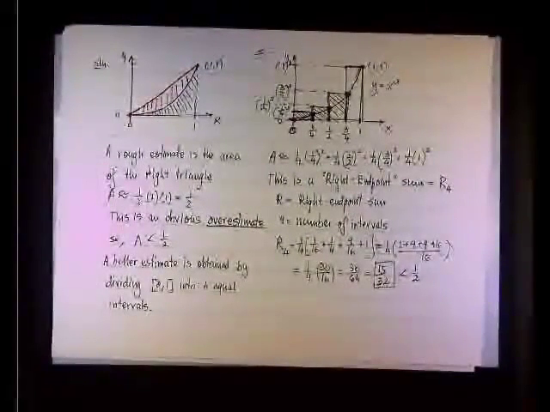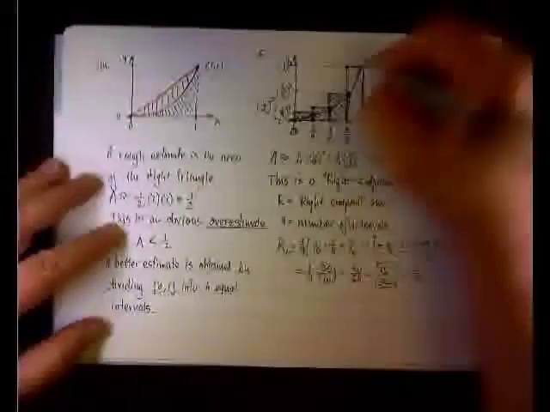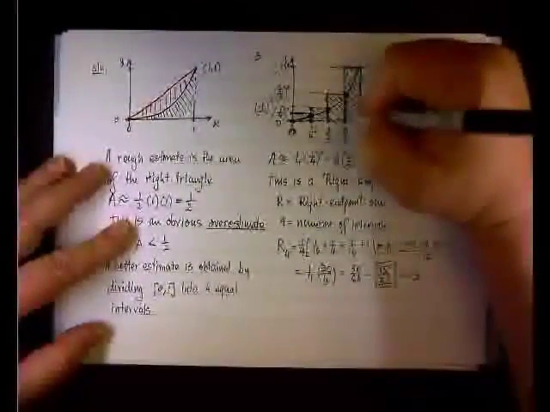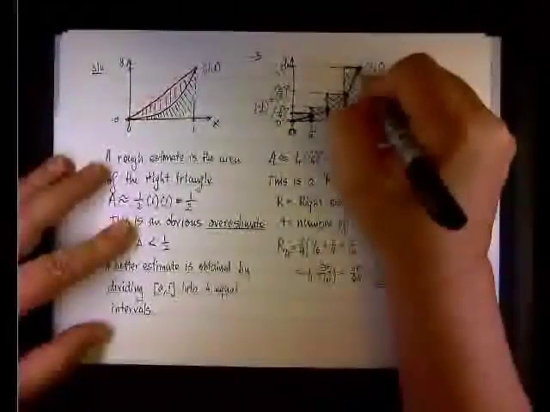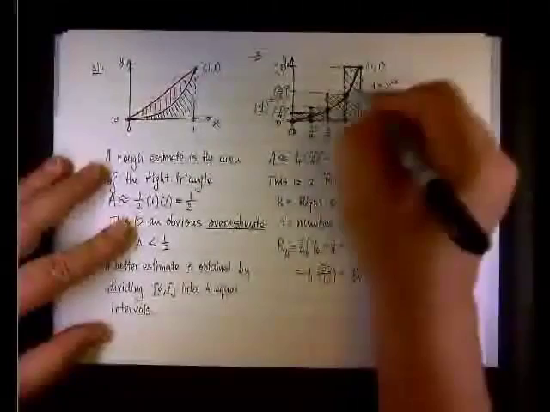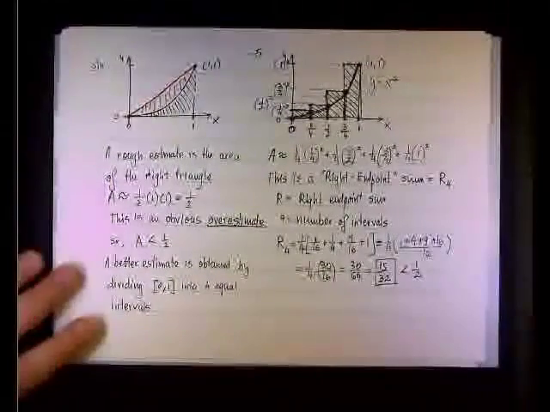And notice that 15/32 is less than 1/2 that we had before. So this is a slightly better estimate. It's still an overestimate. Why? Because we have all these pieces above the curve, right? The portion of the rectangle is not under the curve.